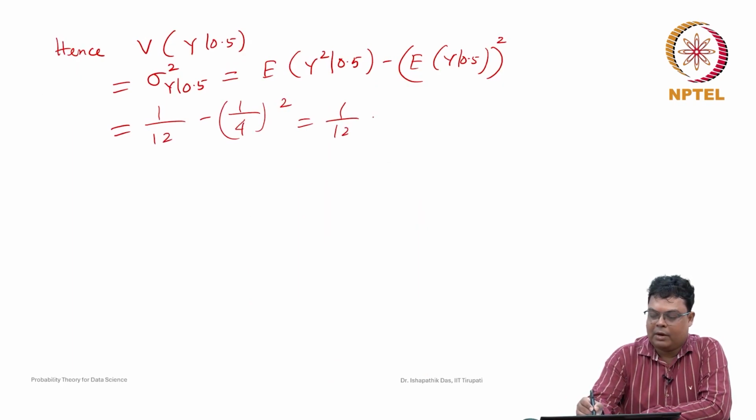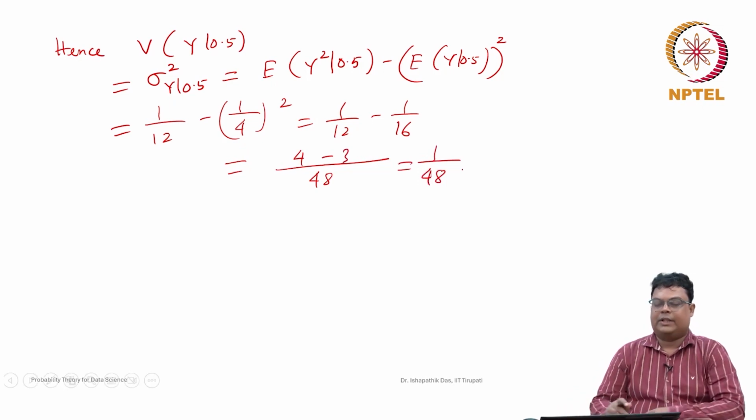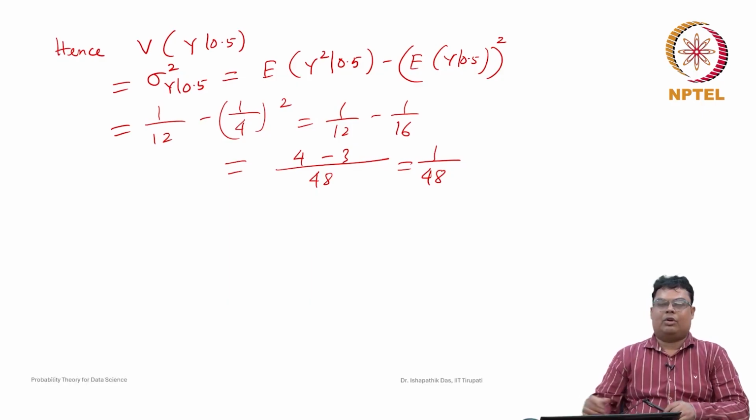So 1 by 12 minus 1 by 16, which is 1 by 48. So this is the conditional variance of y given x equal to 0.5.